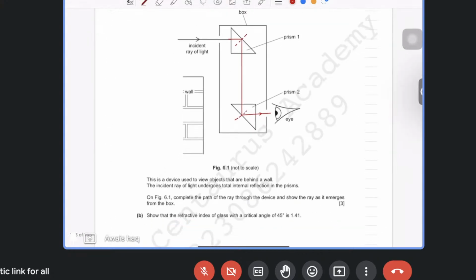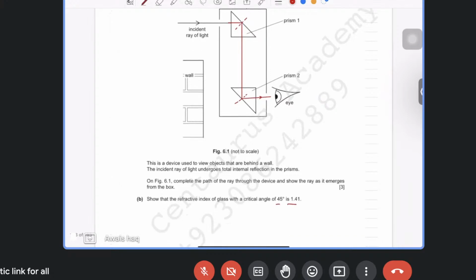So it says show that the refractive index of glass with the critical angle of 45 is 1.41. So we know sine c is equal to 1 upon n. Sine c is 45 and over 1 upon n. Can you guys please find n, please?